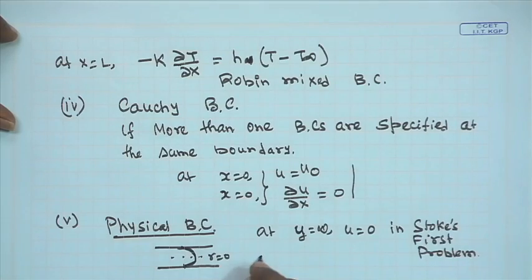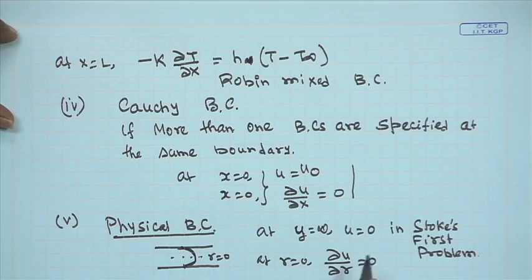At the center point, the velocity will have some finite value, but del u del r will be equal to 0. So, the stress is minimum there, and therefore at r is equal to 0, we have del u del r equal to 0. Now, nobody has specified this boundary condition. It comes out of the physics of the problem, so this is known as a physical boundary condition.